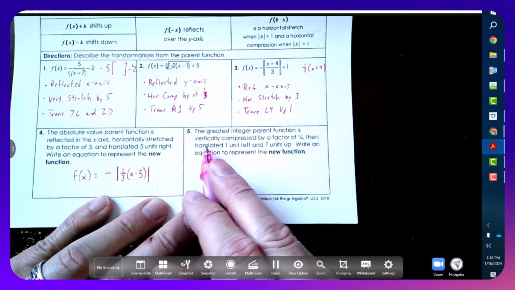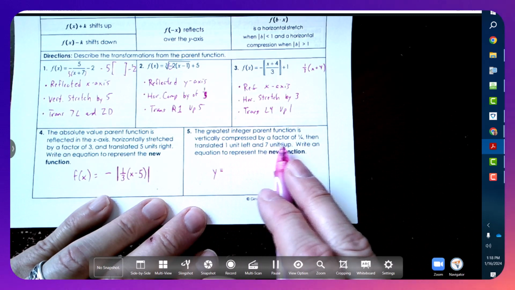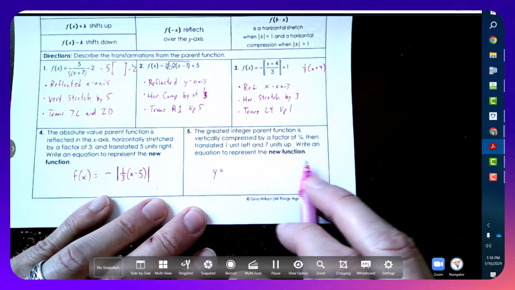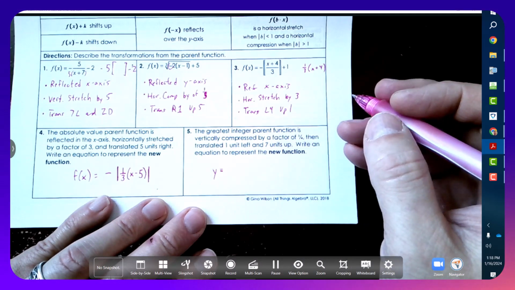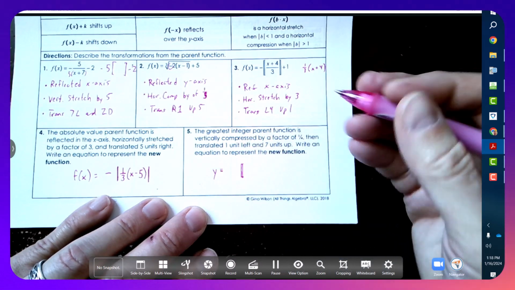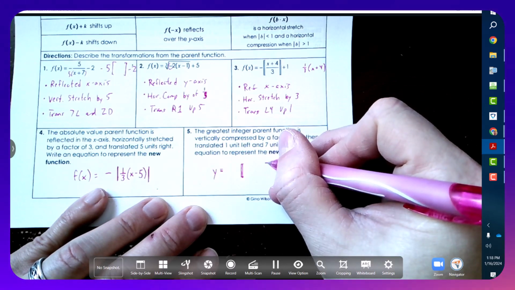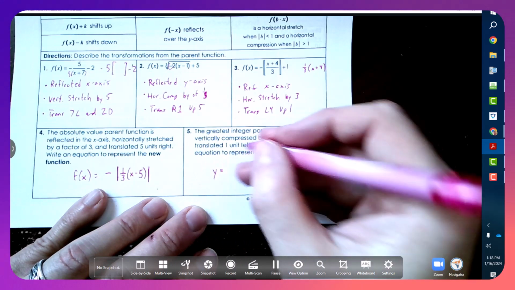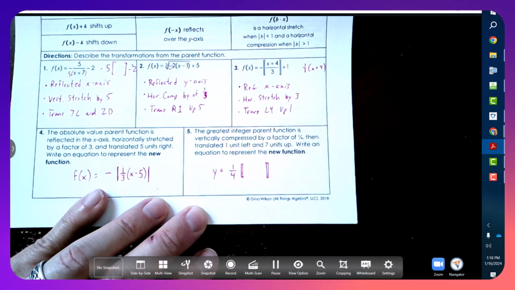So here we've got a vertical compression by a factor of 1/4. I don't see any reflections here. So this is a greatest integer function, okay? I do see vertical compression by a factor of 1/4, so that goes on the outside.